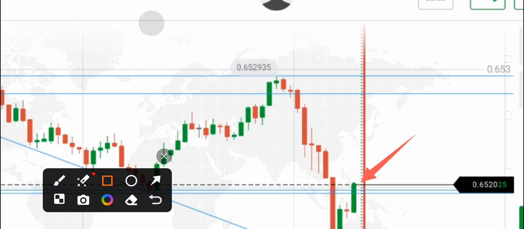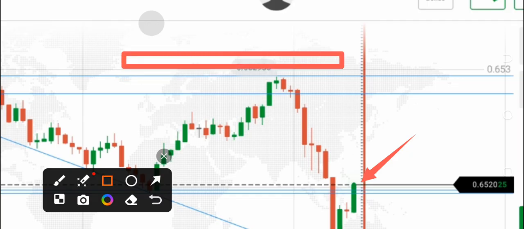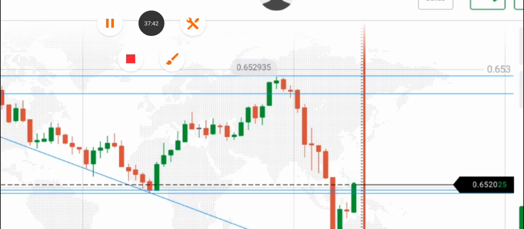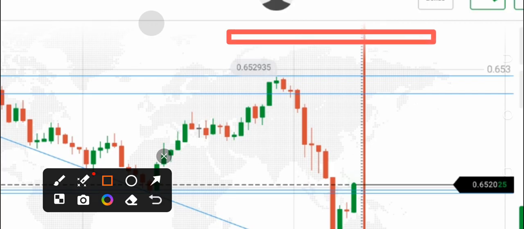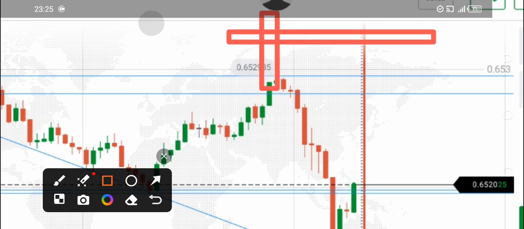Okay, this is our chart, this is our level of resistance, for example. A strong bearish candle broke the level. This is our strong resistance, and we are seeing a strong breakout from the sellers, a massive breakout.